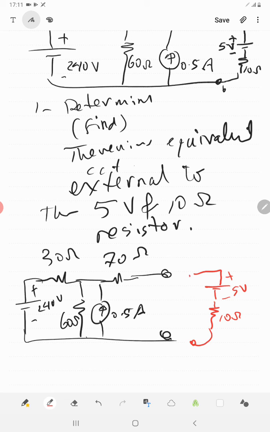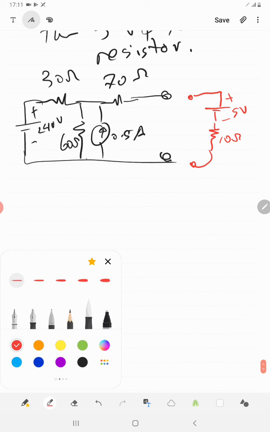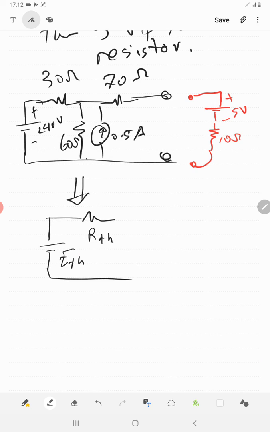We remove them from the circuit. Okay? When we remove them from the circuit, we determine Thevenin's equivalent circuit, E Thevenin, R Thevenin. This is A and this is B.